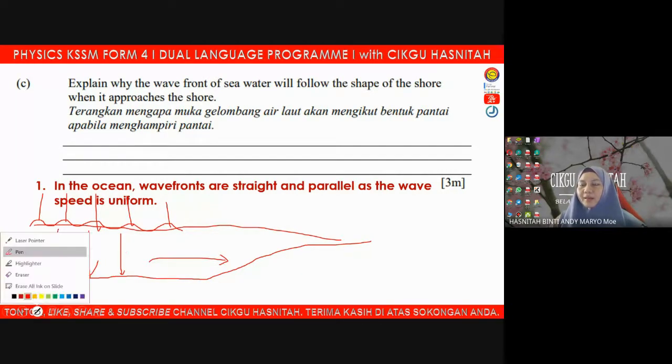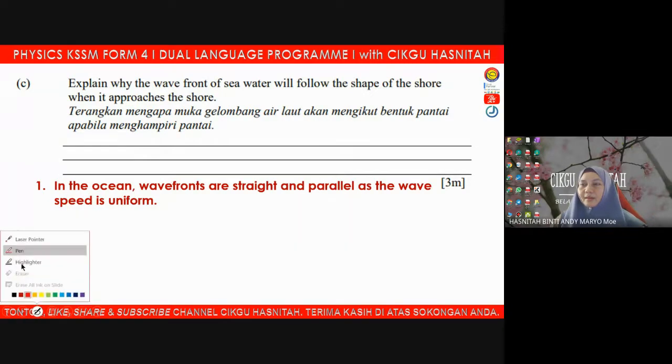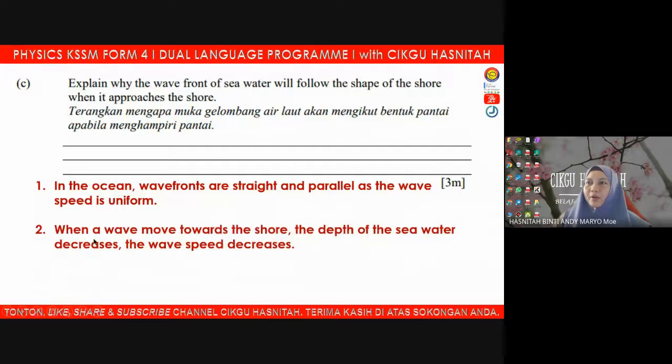Can you continue with the second point? When a wave moves towards the shore, the depth of the seawater decreases. So you must mention the depth decreases, and so the speed of the wave decreases.